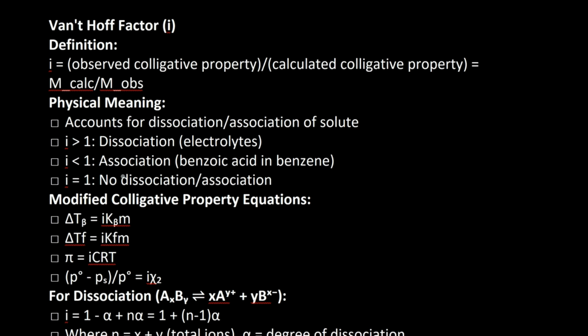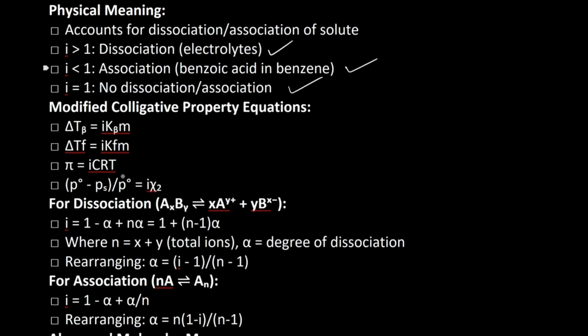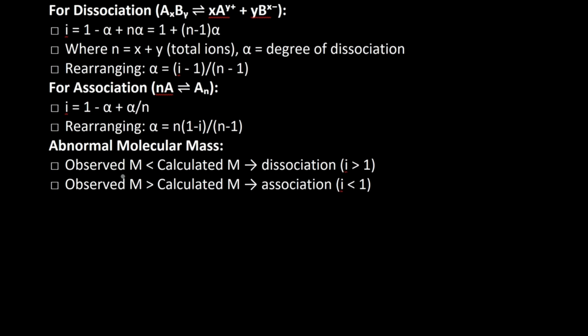Van't Hoff factor i is equal to observed colligative property divided by calculated colligative property. If the i value is greater than 1, that is dissociation. If the i value is less than 1, then that is association. Equal to 1 means no dissociation or association happens. Whenever they have given you or you found out the i value, just multiply it with the colligative property formula to get the correct answer.